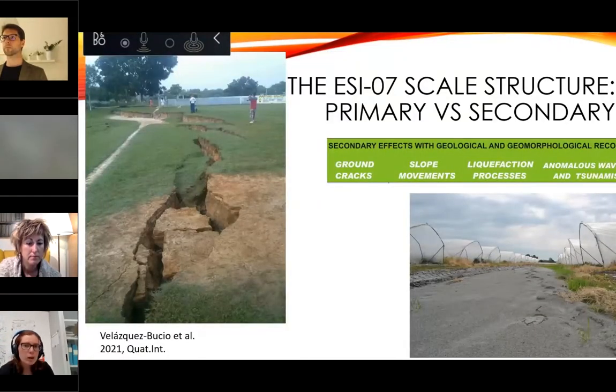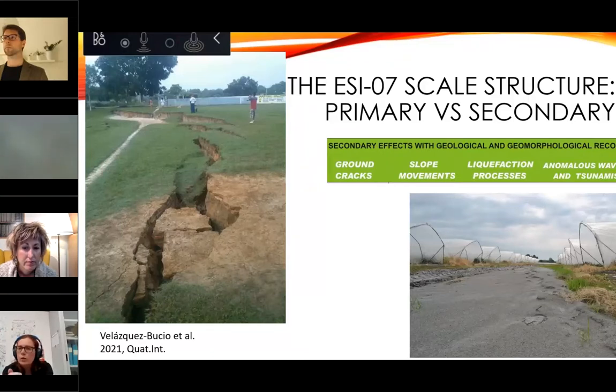Okay, let's move to secondary effects. I would say these are much more widespread and affect a much wider region. They encompass different types of effects. So we may have ground cracks, and here we can measure again the length or how wide they are, how deep, the offset, and so on.